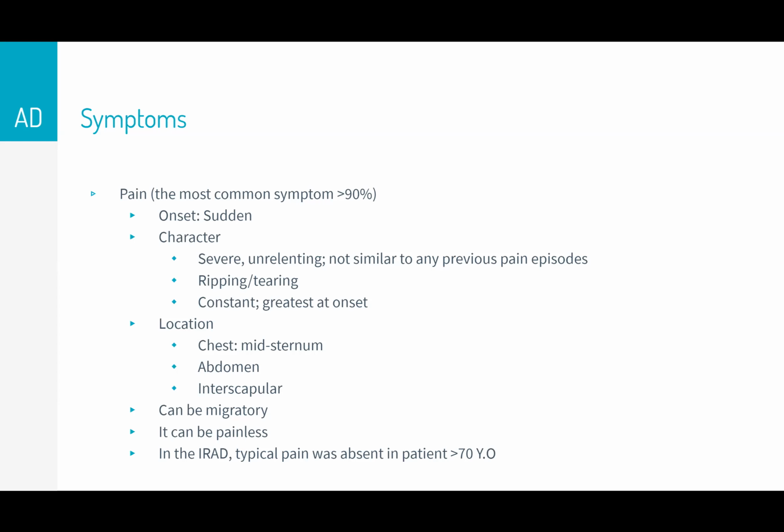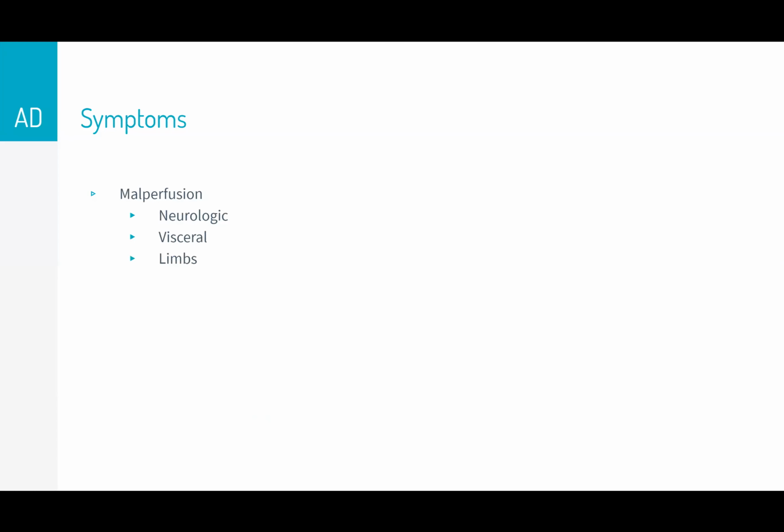The patients with painless dissection are usually older than 70 years old. And this patient population composed 1/3 of the IRAD aortic dissection population, which is a very significant fraction. 1/3 of the patients could have an aortic dissection without pain at presentation.